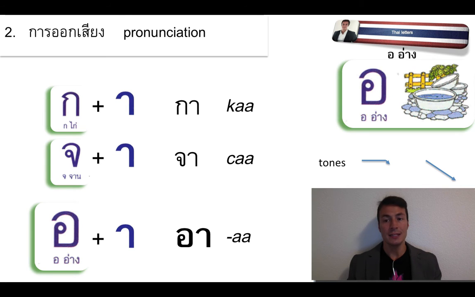So basically, the ang vowel is just a placeholder for a silent sound. Now you may ask yourself, why is this useful? Now the actual reason is, if you want to start a word with a vowel, you basically have to have such a silent consonant in Thai, because otherwise you cannot start any word or syllable with just a vowel.